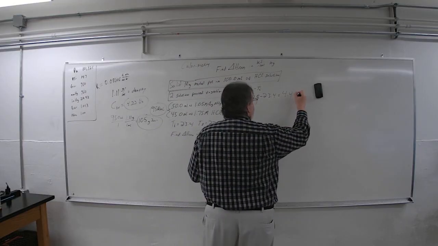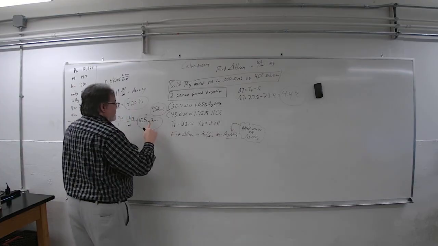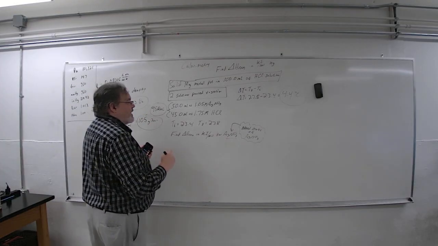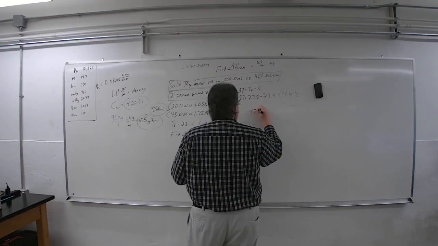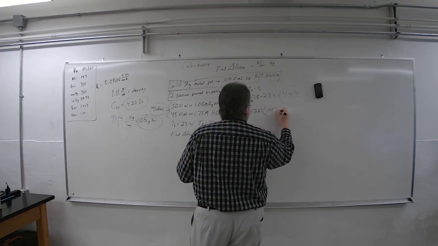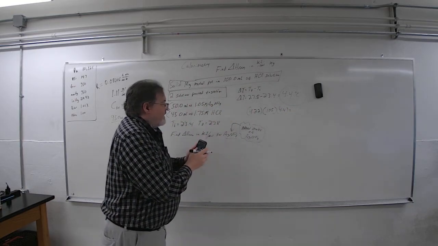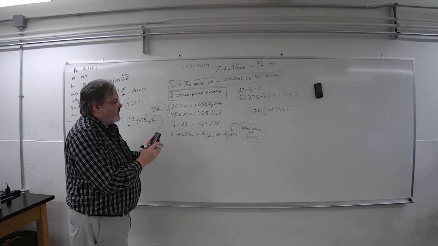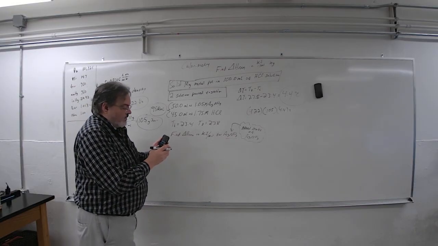So now we have delta T, we have grams, and we have heat capacity. So now we can figure out how much energy was transferred. 4.22 for heat capacity, 105 for grams, and 4.4 for delta T. 4.22 times 105 times 4.4.